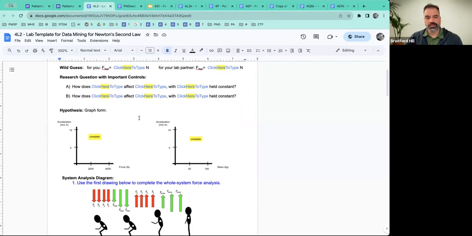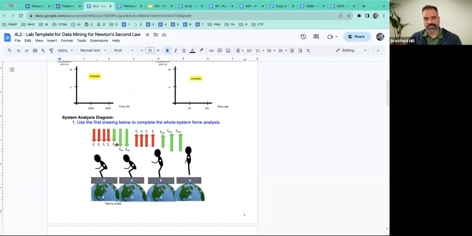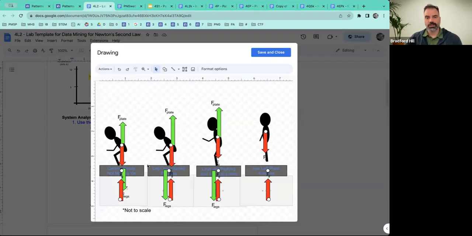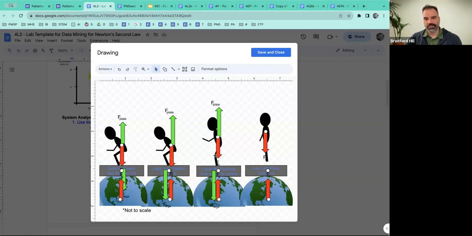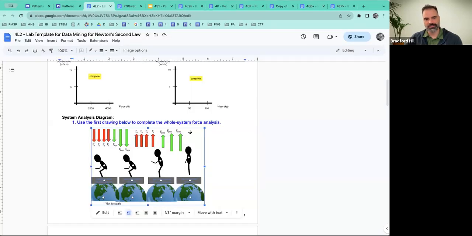Here is a system analysis, and all the arrows are pre-made so that it's a Google Drawing. So you click, and oh, that's interesting. That's super interesting. That's an unexpected result. I don't know why it is like that. It shouldn't be, and it doesn't match the picture here. So in any case, you can tell.